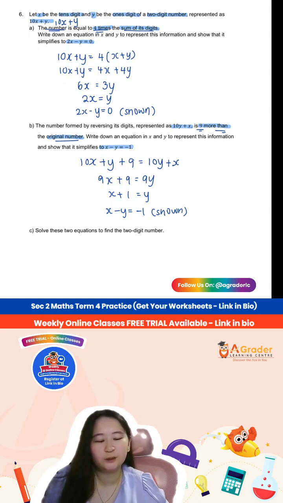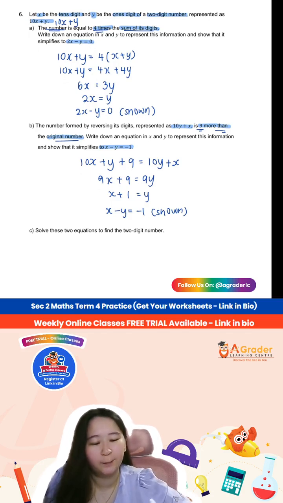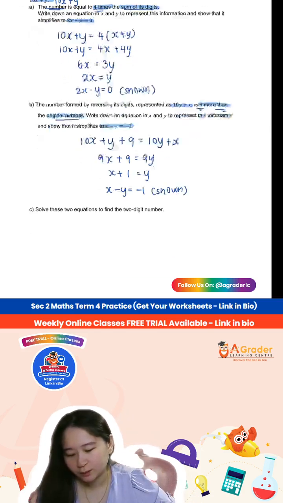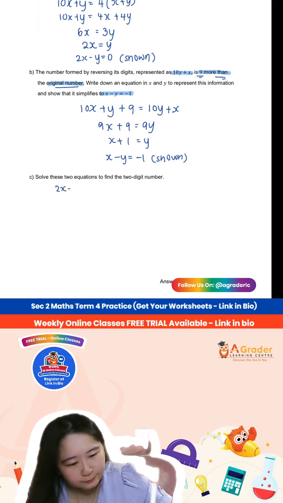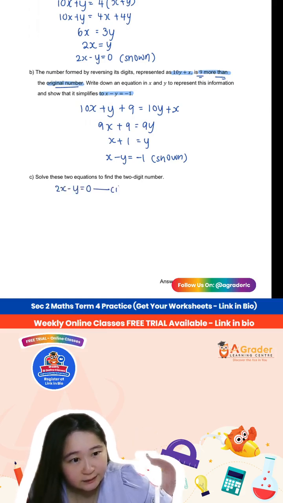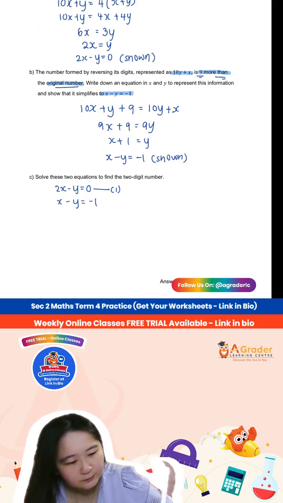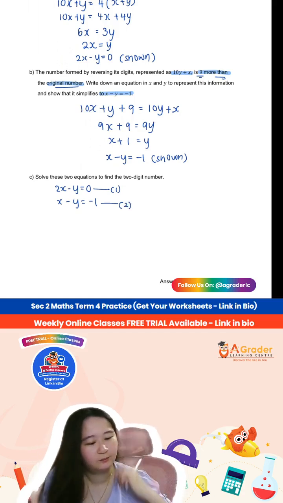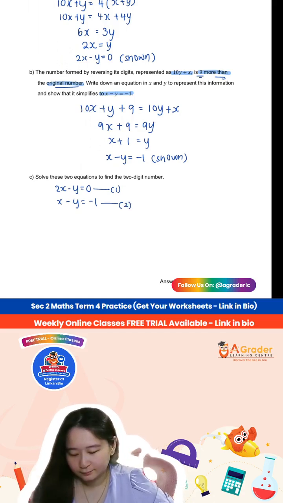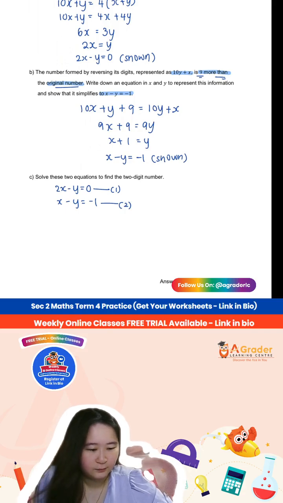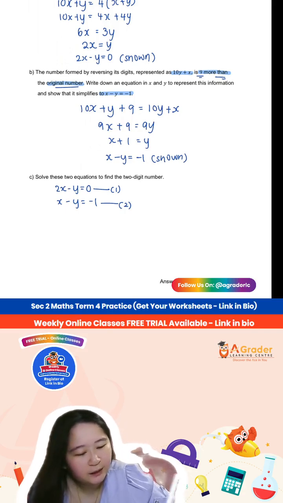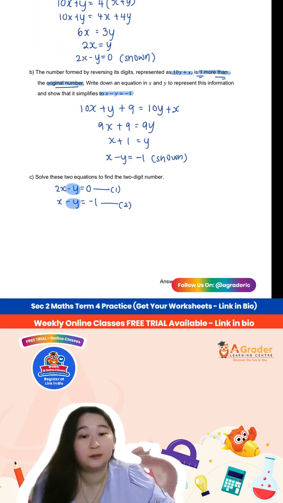So solve these two equations to find the two-digit number. Okay, so equation 1 and equation 2. Let's say this is equation 1. This is equation 2. Okay, so you can either use elimination method or you can use substitution method.